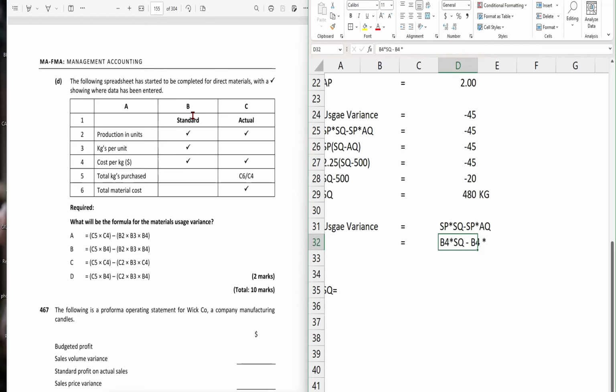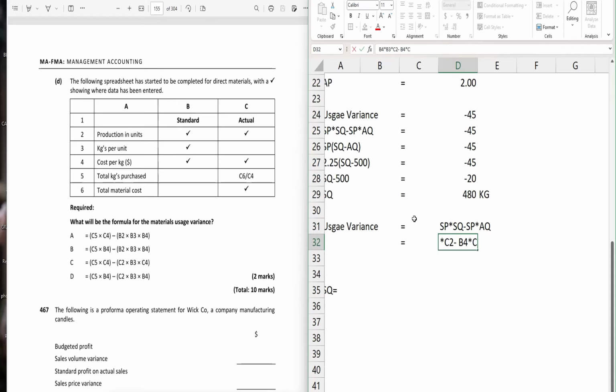So we need to find the standard kg per unit, then multiply by actual production. Standard kg per unit is your B3, then multiply it by actual production, which is C2. Then we will again multiply by SP, that's B4, and AQ.